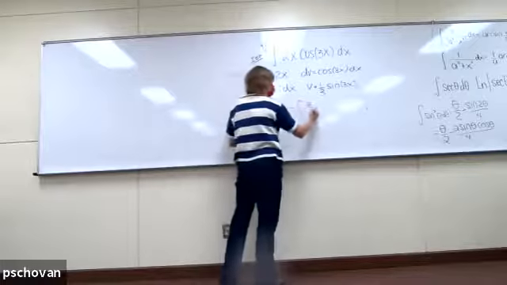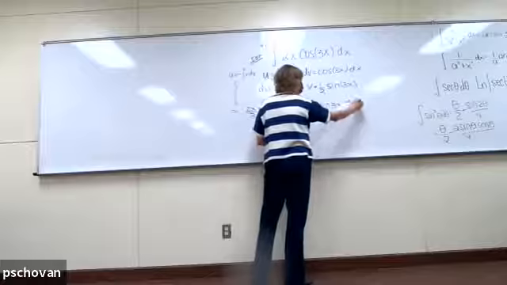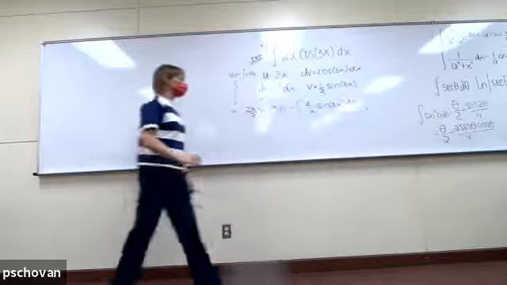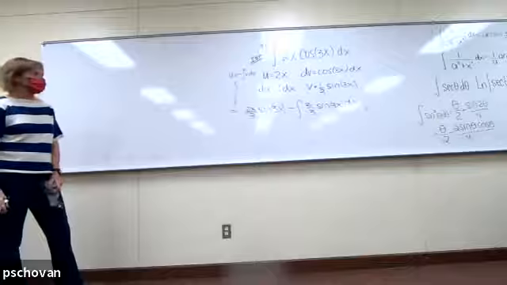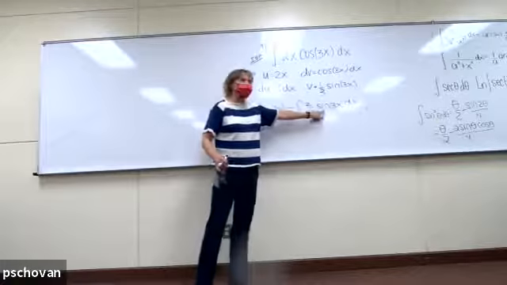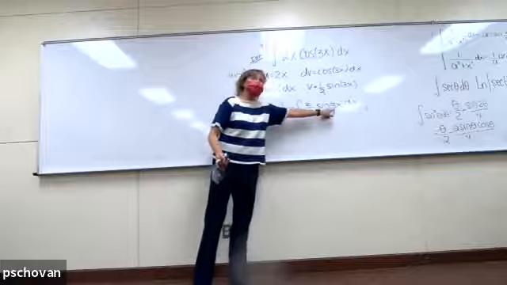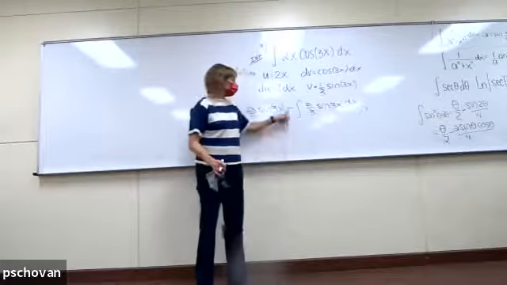So I'll put a 2/3 here, sine of 3x dx. So we do have an easier second integral. It's gone down by a degree, so now we can just integrate the sine. This is going to give us another factor of a third, and the integral of the sine is a negative cosine. So it's going to give me a plus here.